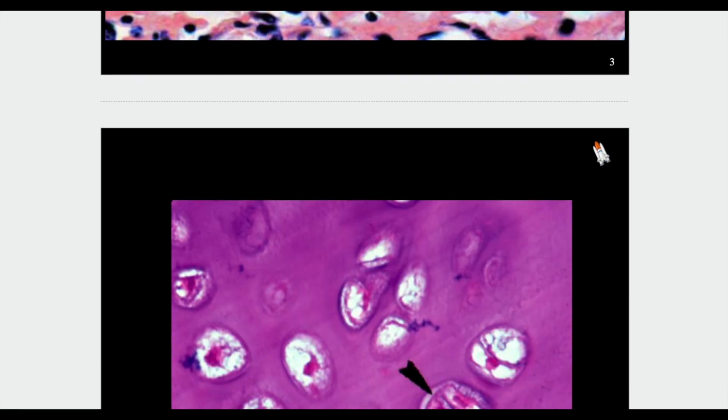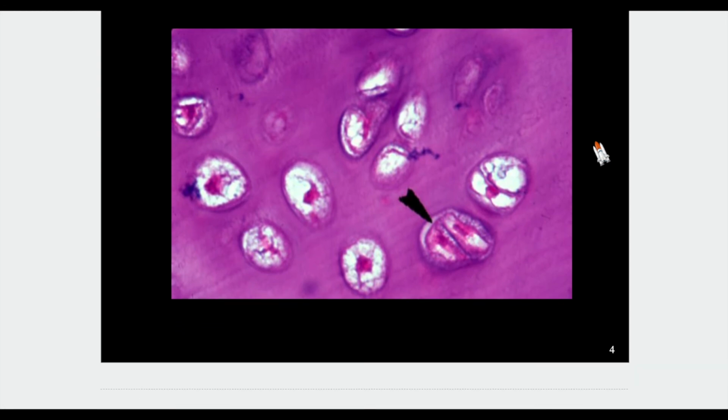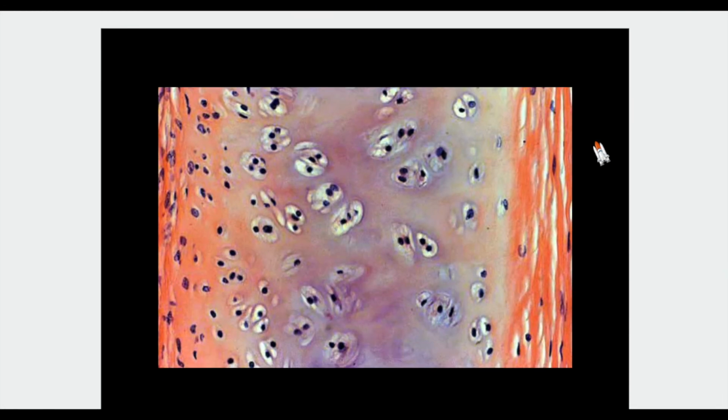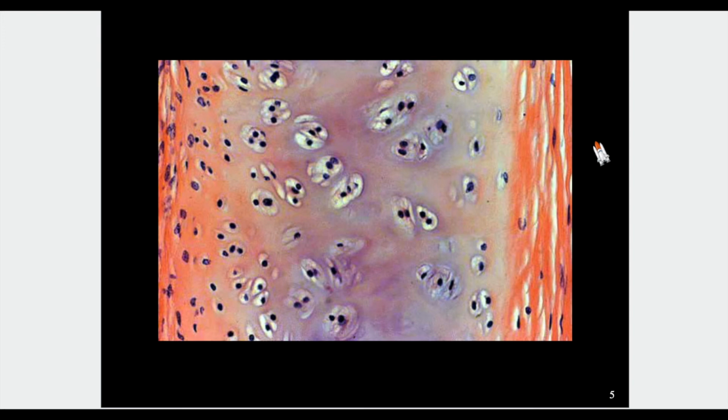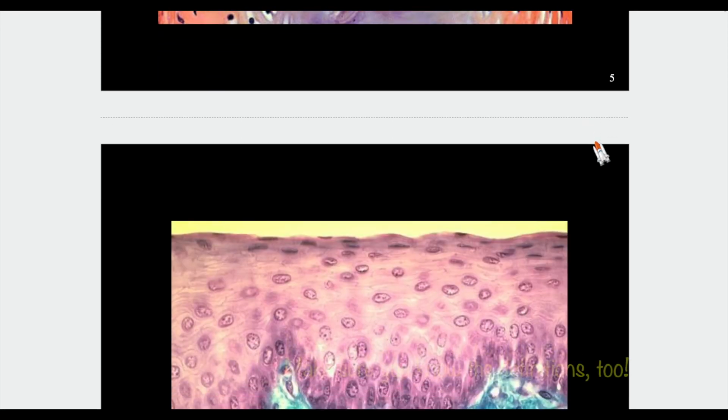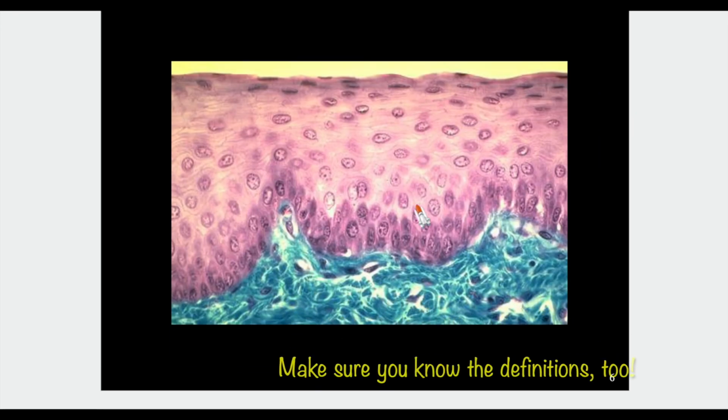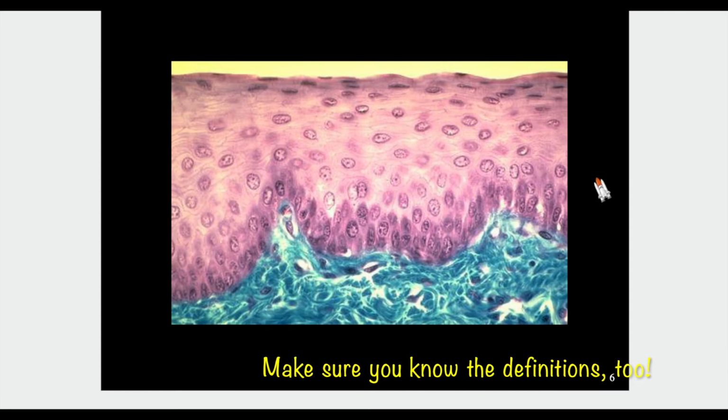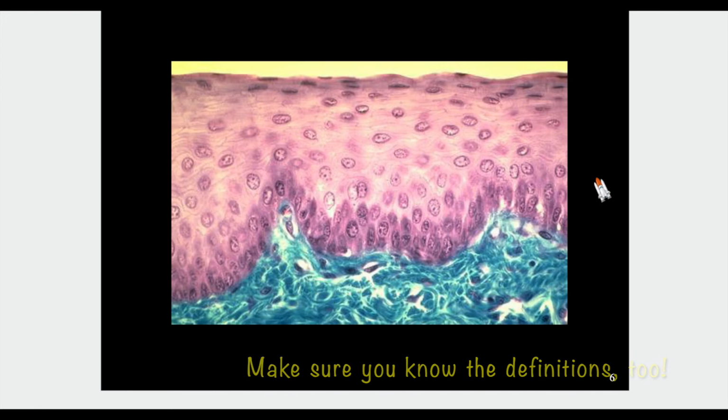So as you go through these, I always tell my students it's best to go through these slides and basically max out your knowledge of what you see. Meaning, start with identifying the tissue, and then go through and max out. Tell me everything you know about that slide. And if you can do that, you will be prepared for any possible question I could ask on the practical.